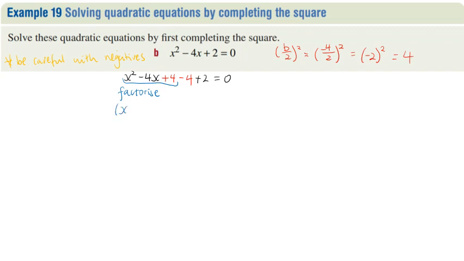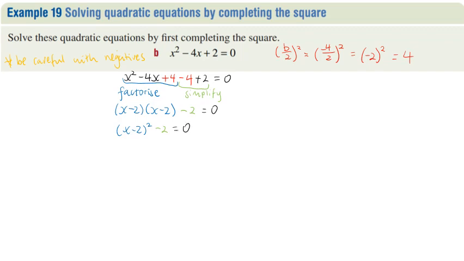So that's going to be x minus 2 and x minus 2. Next I simplify the end. So negative 4 plus 2, that's negative 2 equals 0. Then I'm going to rewrite this out. So I've got x minus 2 squared minus 2 equals 0.